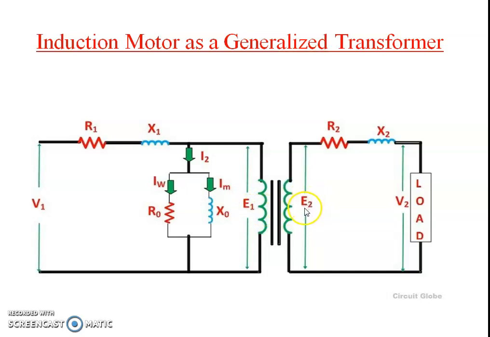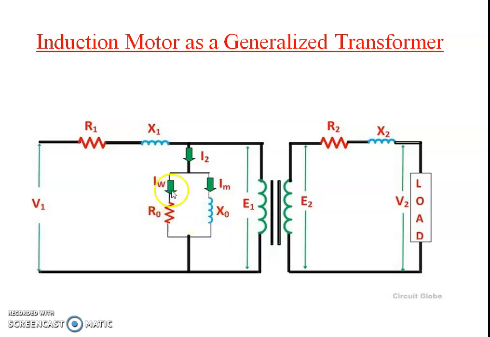Now here R0 and X0: R0 is the no load equivalent resistance of the transformer, while X0 is the no load equivalent reactance.